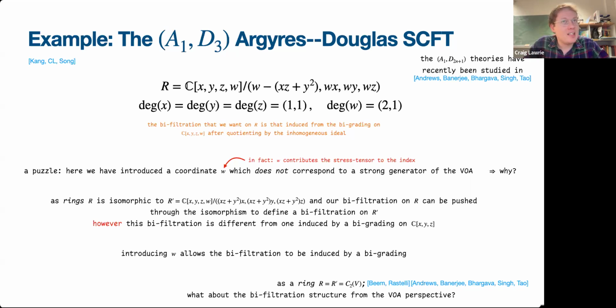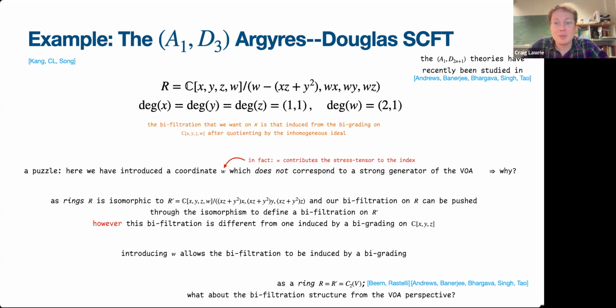In the examples we had, it wasn't so clear. And I think the thing we want to do first is understand, say, the examples which we have, like A1 D2N plus 1, which flows to A1 comma A, whatever.